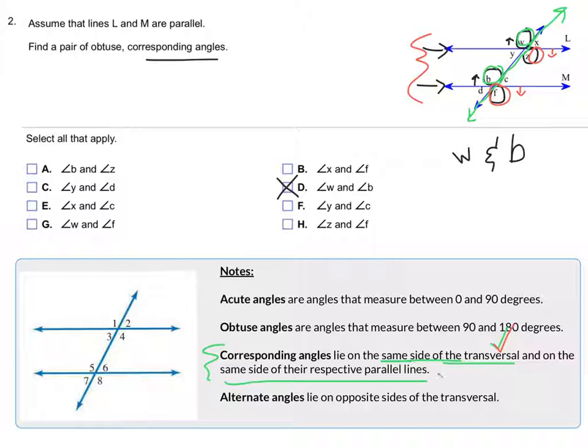So that meets the second condition. Therefore, I can say that Z and F are also obtuse corresponding angles. So I'll check that off as one of my answers. So my two answers are angles W and B and angles Z and F.